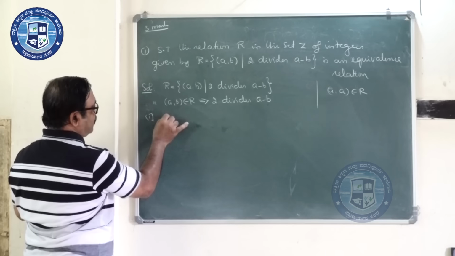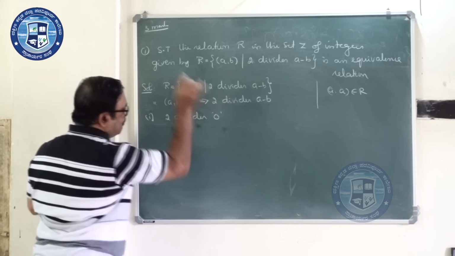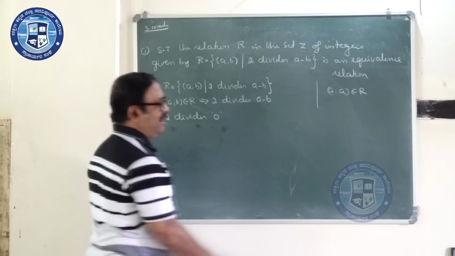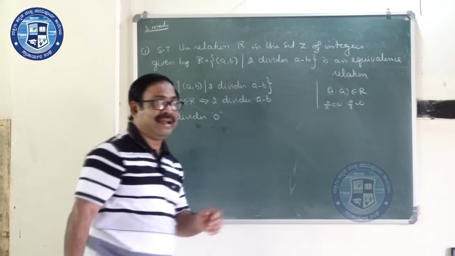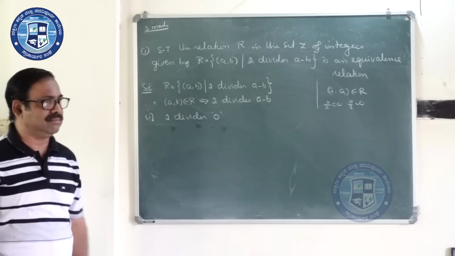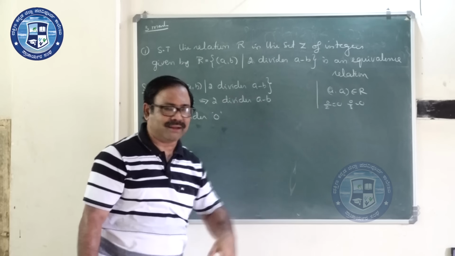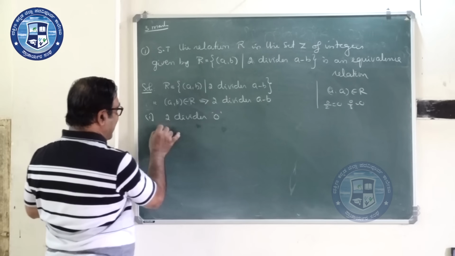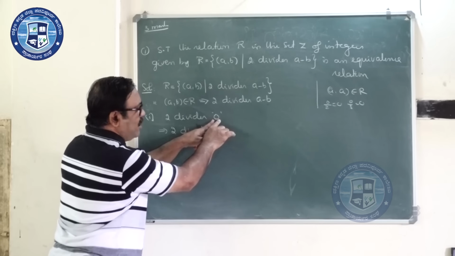Remember, 2 divides 0. Can 0 be divided by any number? Yes. 0 by 2 is 0, 0 by 3 is 0. Does 0 divide any number? No. It is not defined. So, 0 is divided by any number. Therefore, 2 divides 0.